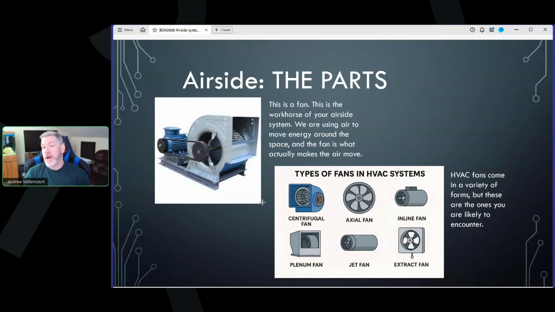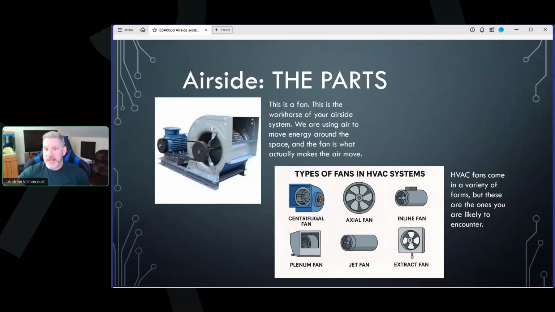Now, you're going to encounter quite a few types of fans in the wild, and this is for the people who actually move around buildings, just so they understand. This big one you see over here is a very, very common HVAC fan. Probably 90% of the air handler fans, exhaust fans, and HVAC fans you find out there are going to look like this. This is called a centrifugal fan. It's called that because the air enters here, and centrifugal force forces it against the outside of this housing as this spins and throws the air out here in a manner we're going to discuss shortly.